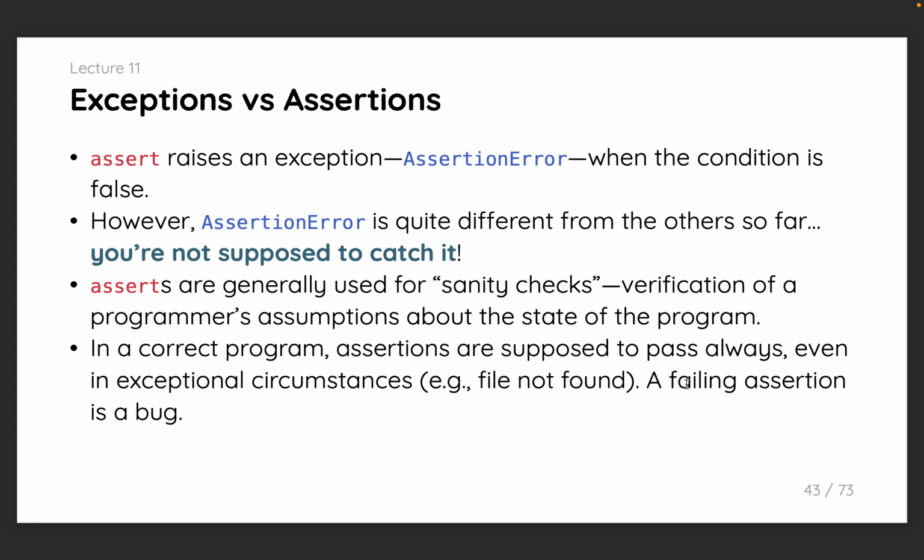If you fail an assertion, that means you, as the programmer, messed up somewhere, not the user. So with that in mind, assertions should be invisible, or they shouldn't be relevant to the user. So why am I saying all of this?